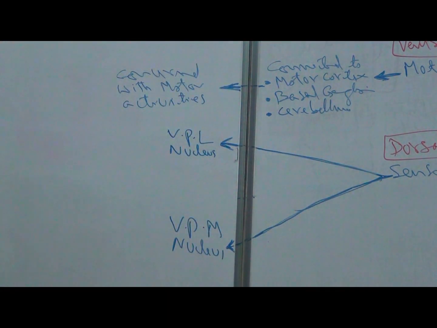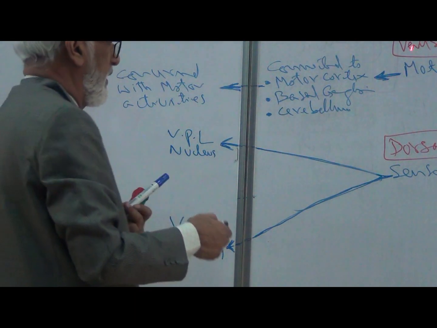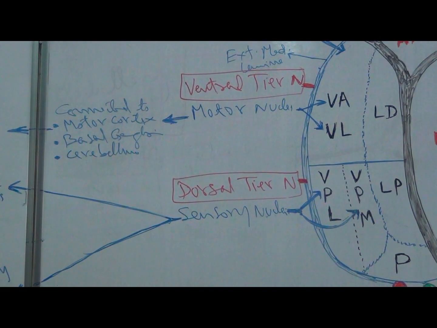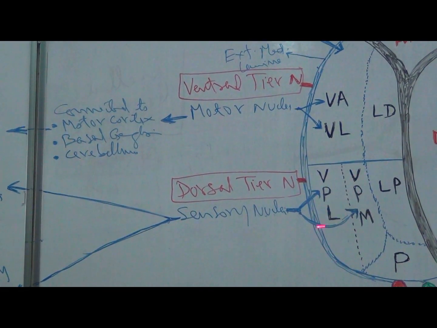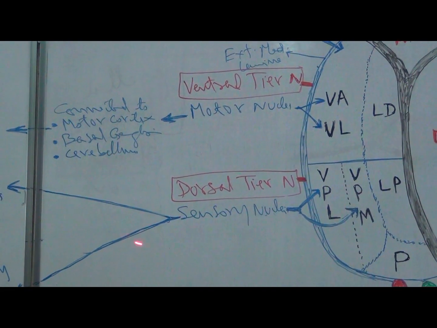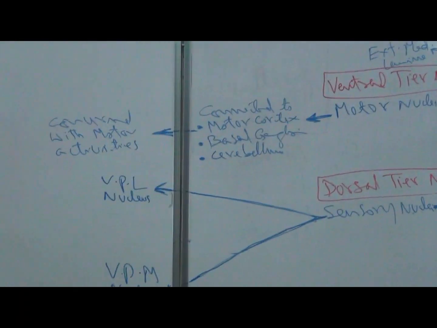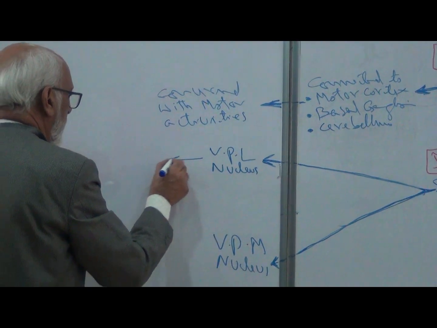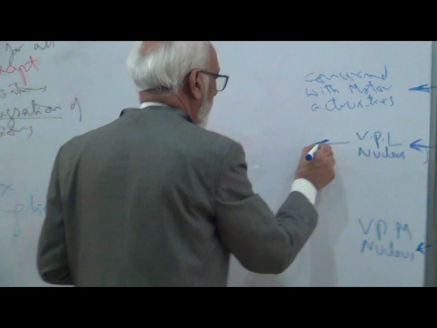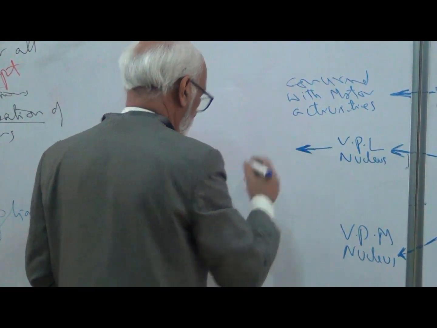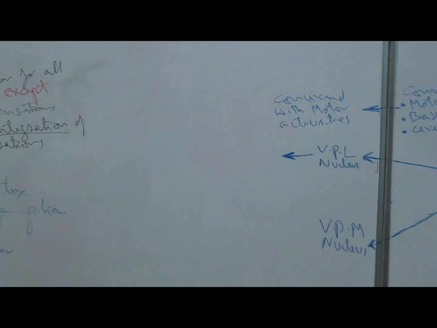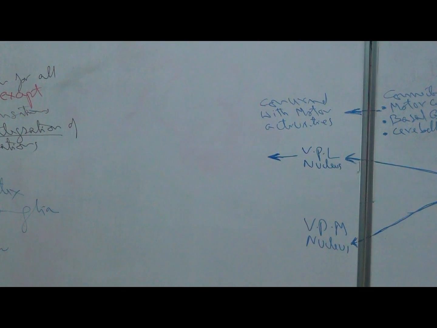The ventral posterior lateral nucleus is one of the dorsal tier nuclei, and the ventral posterior medial nucleus is another of the dorsal tier nuclei. These sensory nuclei carry sensations.